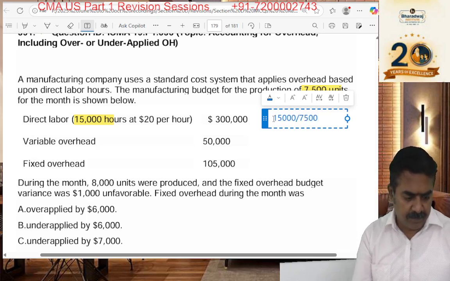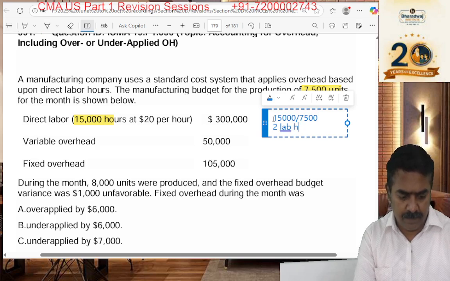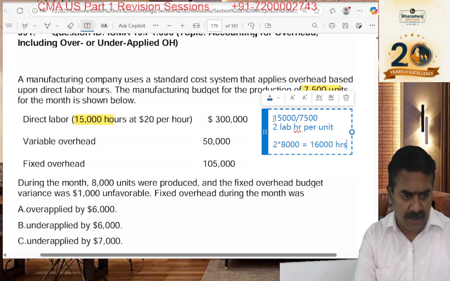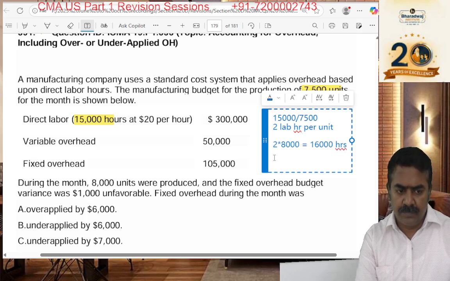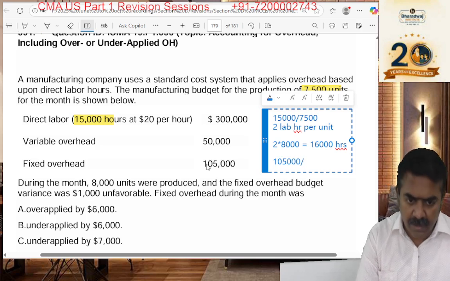How much do you get? 2 labor hours per unit. 2 labor hours into 8,000, how much do you get? 16,000 hours then. Fixed overheads 1,05,000 divided by 15,000 hours.